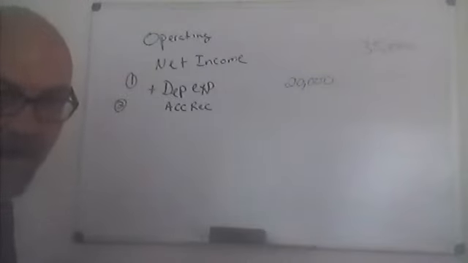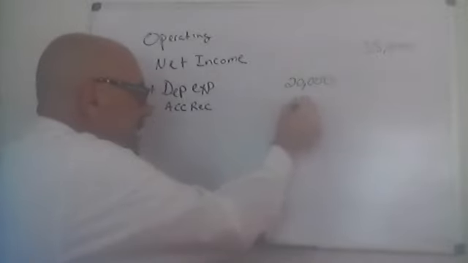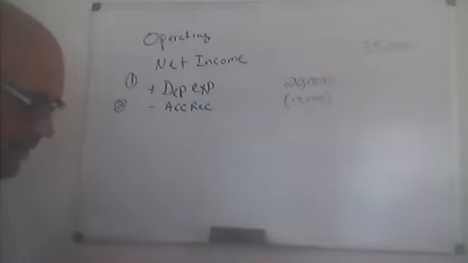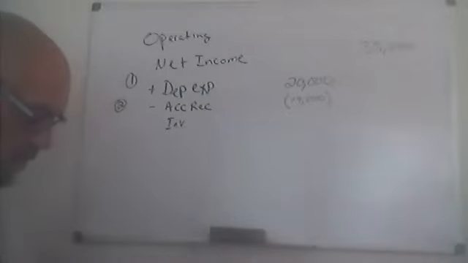When a current asset changes, the effect on the cash flows is the opposite of what happened. So it went up $19,000. I need to make an adjustment downwards or subtract $19,000. The inventory, on the other hand, went from 180 to 213.